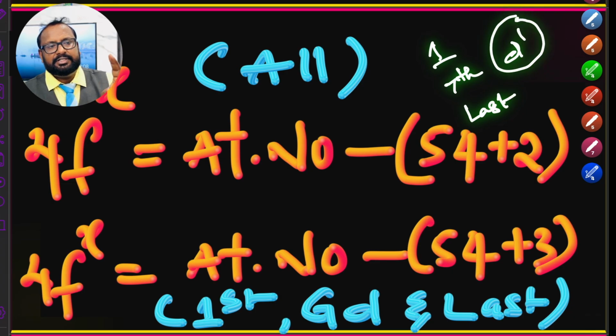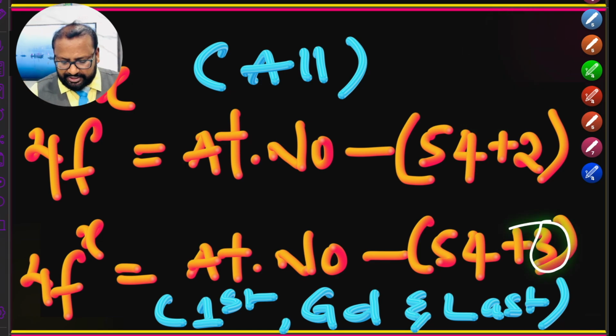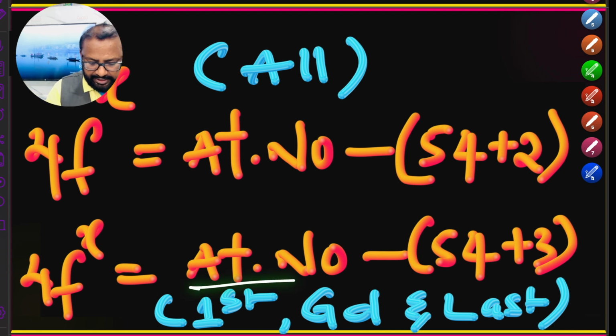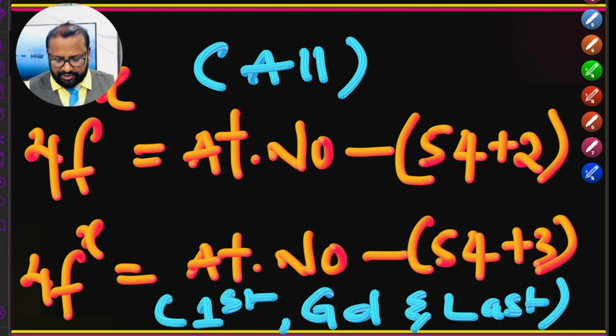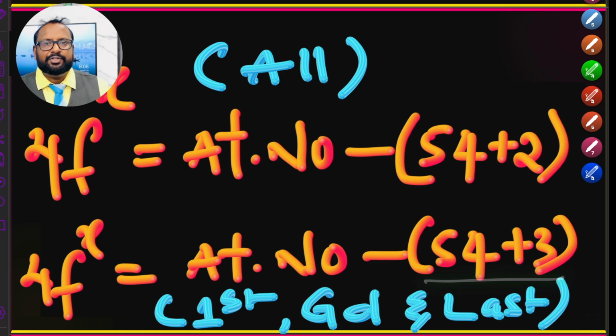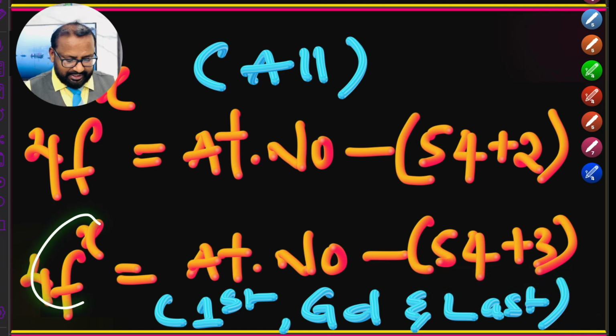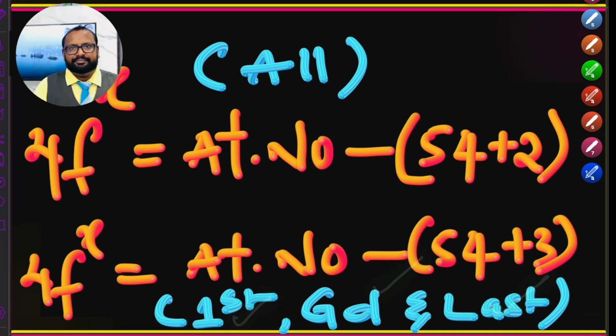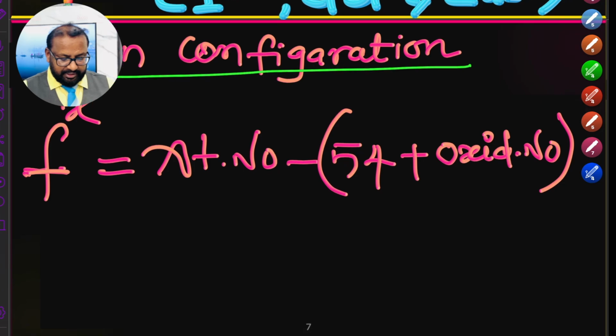So the first element, the central element gadolinium, and the last element have d1 configurations. For these three elements you subtract 3, that is atomic number minus 54 plus 3. This gives exactly the f electrons for the first element cerium, gadolinium, and the last element lutetium.